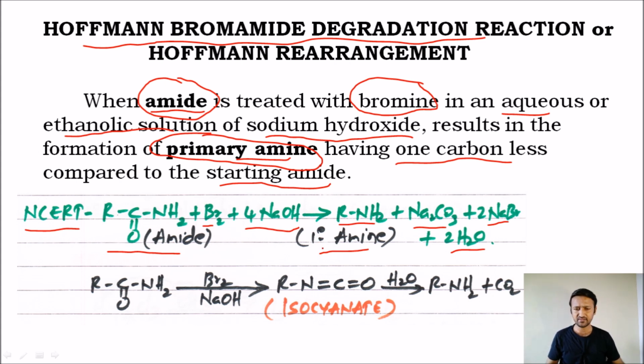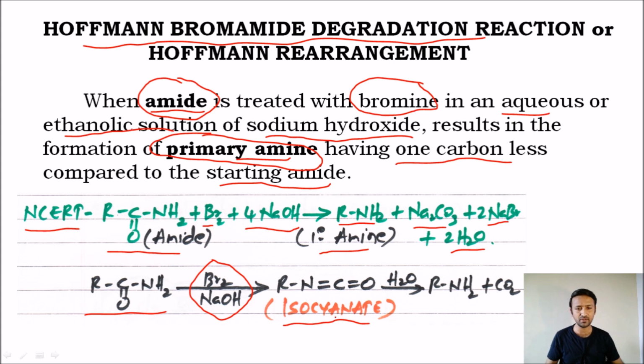Now let us take another equation, which is helpful in guessing the intermediate obtained in this reaction. We can write the same reaction in another form: RCONH2, that's the amide, upon treatment with bromine and sodium hydroxide, forms isocyanate. This is very important.